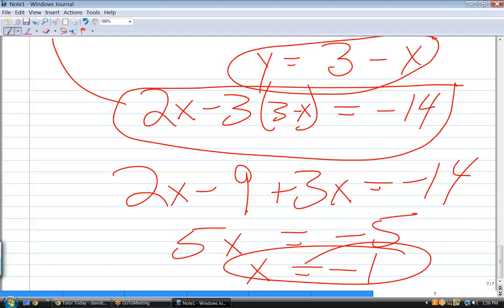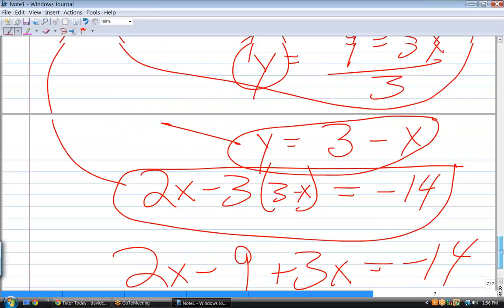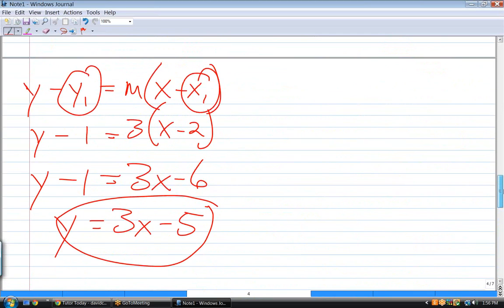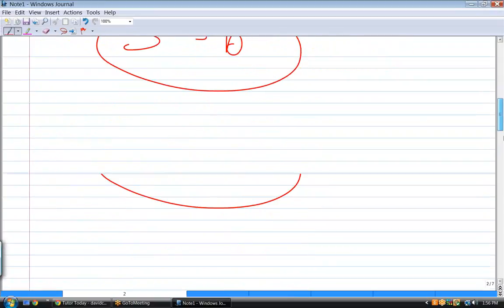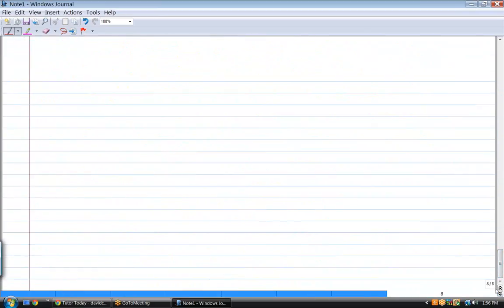Now, to get y, I go into that, and if I plug in minus 1 for x, I get y equal 5. So I get the same two answers as I got before. It's just a different method of solving for it. And the method that I'm going to use is going to depend on how the equations are presented.